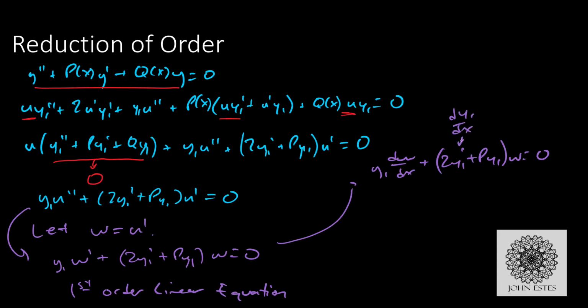If we multiply and divide by the appropriate terms, we end up with the equation dw over w plus 2 y1 prime over y1 dx plus p dx equals 0.